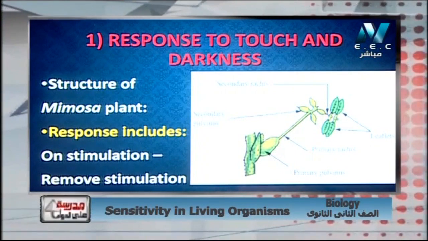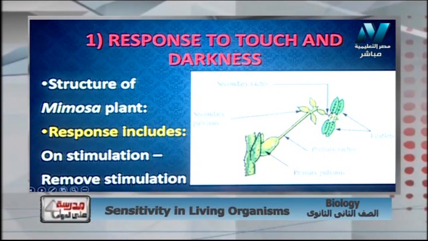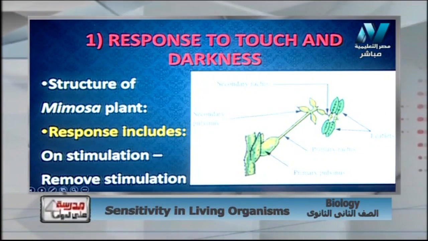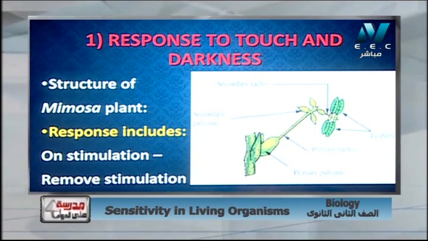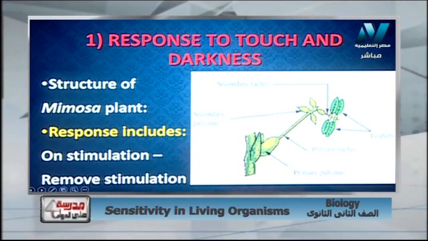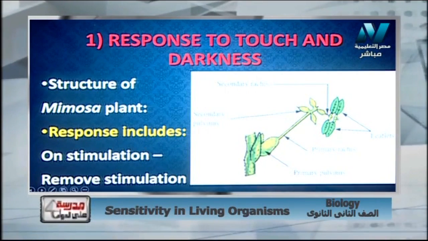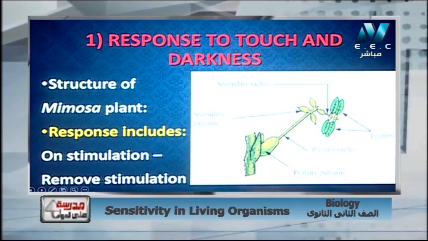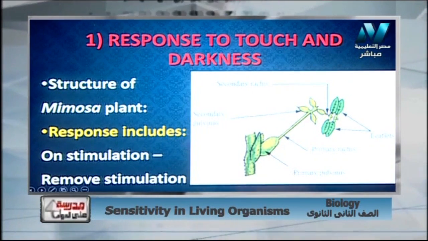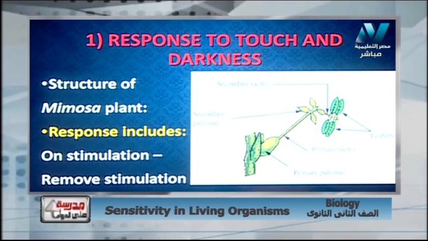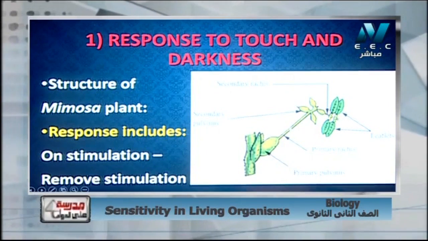The cells in the lower half contain water and they are turgid, and when we touch it, when there is a stimulus, the water in these cells diffuses to the neighboring tissues, and these cells shrink. And then by shrinking, the lower surface of each pulvinus causes the closing of the leaflets, and the stem hangs downwards as we saw in the video.